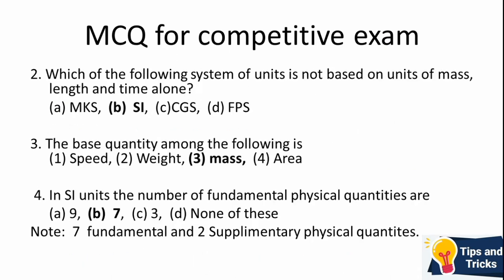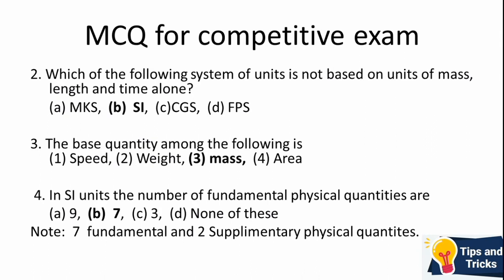Now the second question is: which of the following systems of unit is not based on units of mass, length and time alone? We have the options: option A MKS, option B SI, option C CGS, and option D FPS.